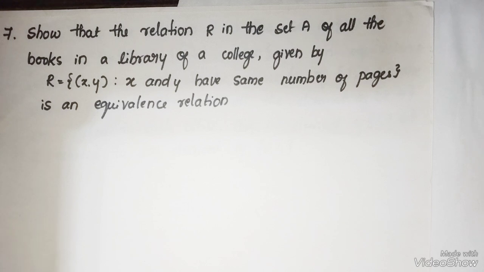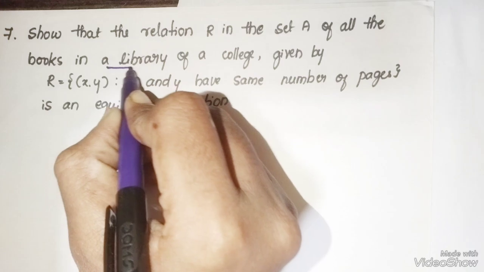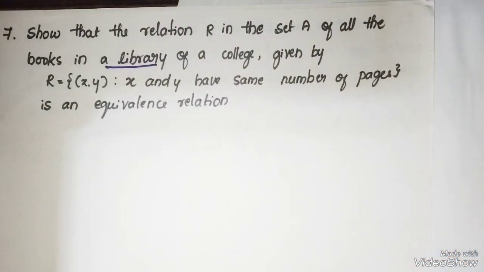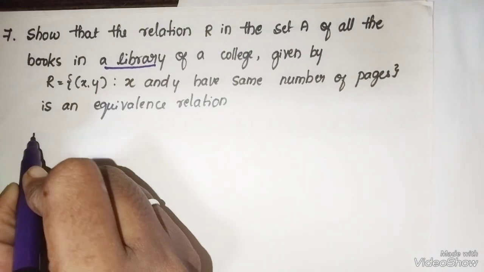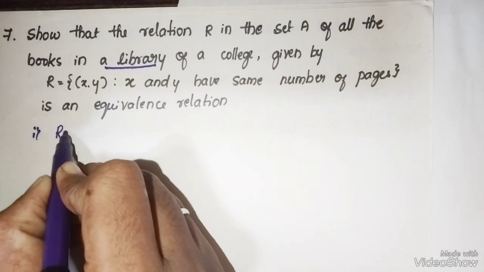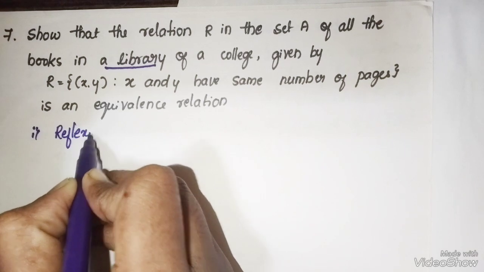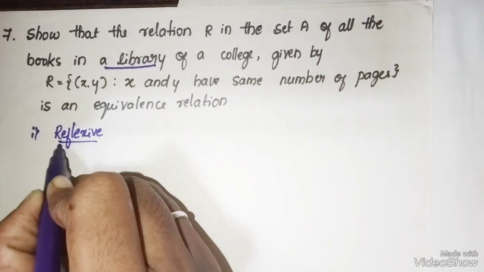A library of a college contains lots of books. Here in this example we have to consider particular books. The first condition is the reflexive condition.